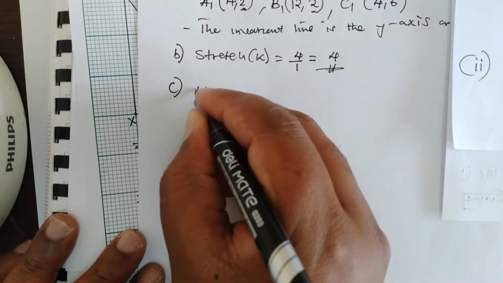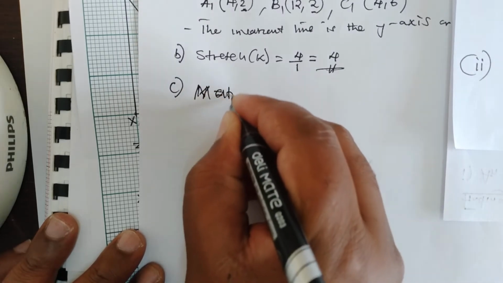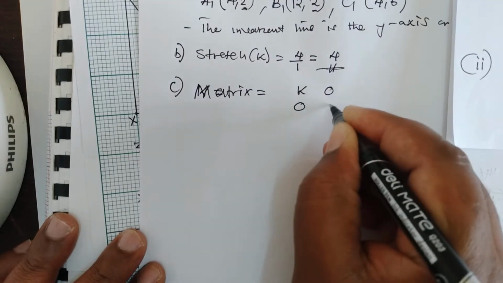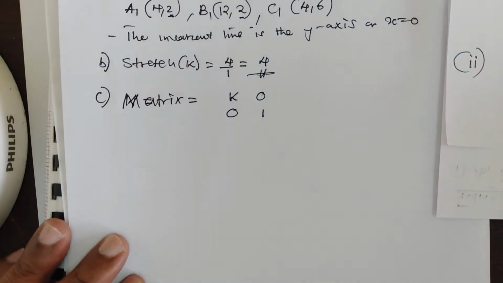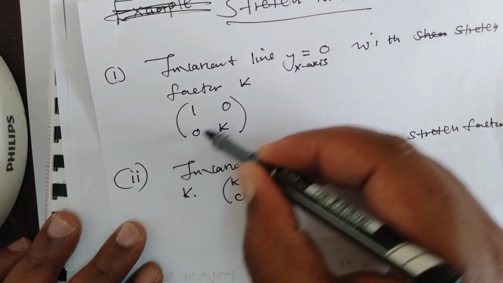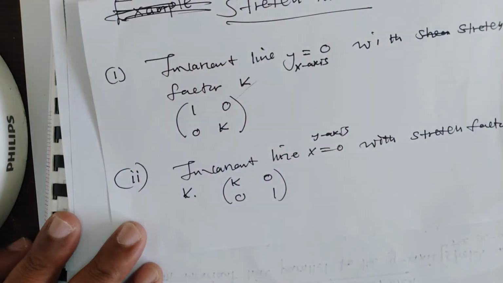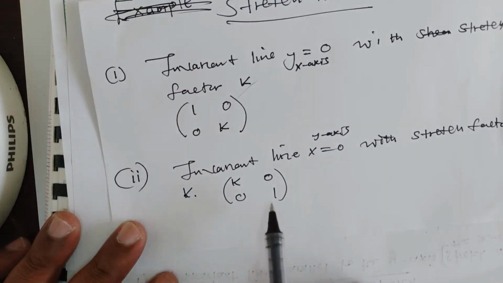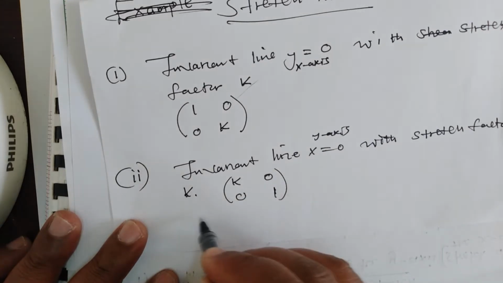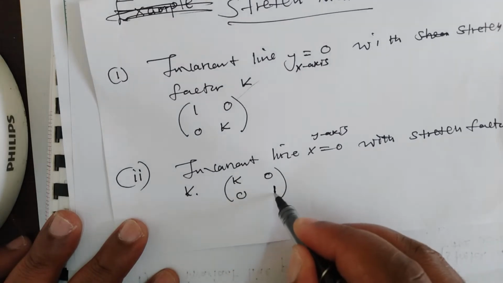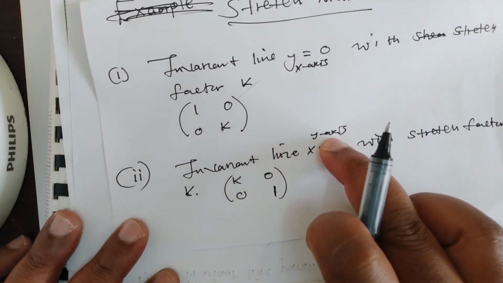So take note, when you are dealing with a stretch, you always have zeros. Then you have got 1 and a k, where the 1 is telling you about the invariant line. In this case, the 1 is here on the y, these are the values of y. So the 1 is the invariant line, which is the y-axis.